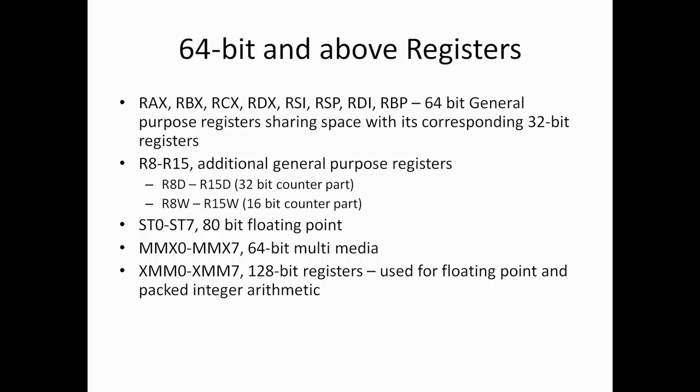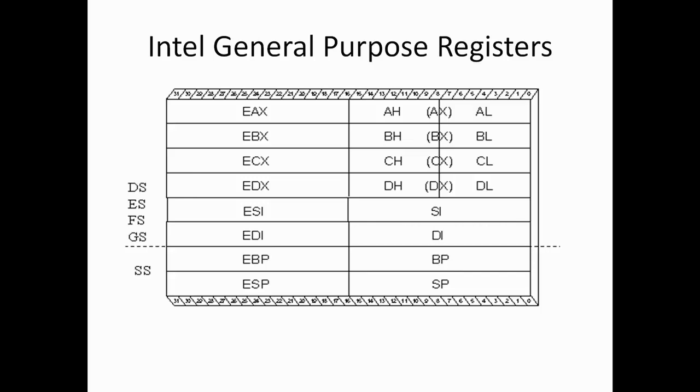RAX is 64-bit, in which the first 32 bits are called EAX, in which the first 16 bits are called AX, in which the first 8 bits are called AH and the next 8 bits are called AL. Similarly, I can go for EBX, ECX. RSI is the 64-bit version of ESI, in which the last 32 bits will be ESI and the remaining first 32 bits will be the extension of that.